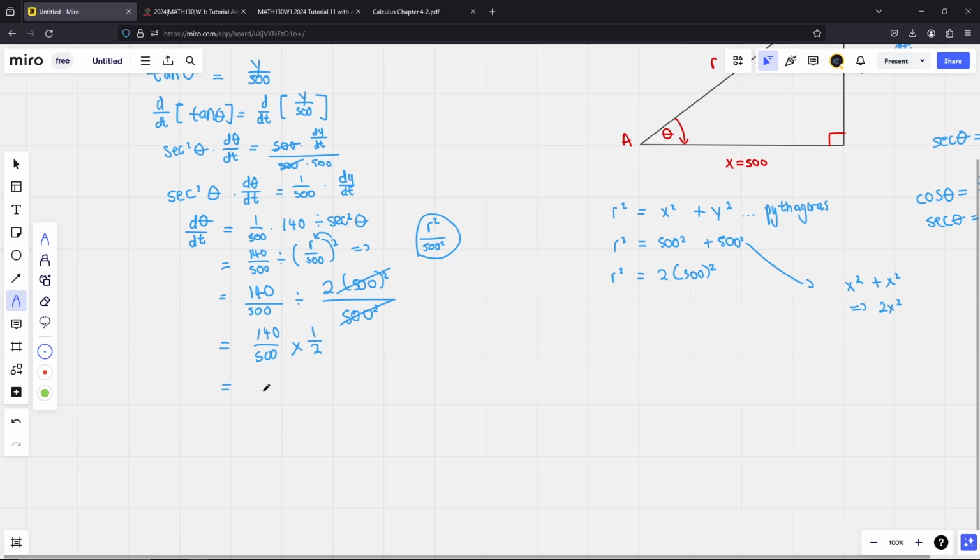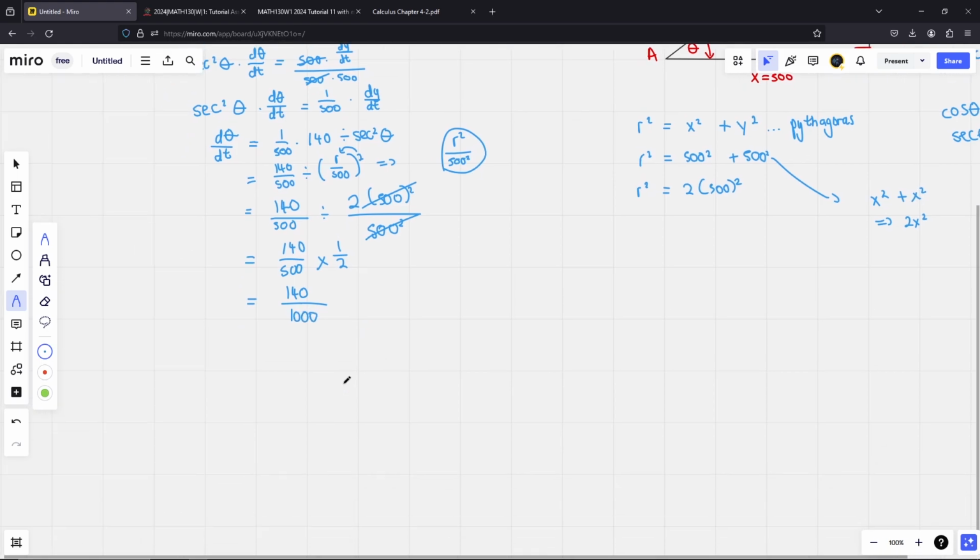So if I multiply this by half, I get 140 on the numerator, and 500 times 2 is 1000. And writing this in terms of radians, I can say the balloon is rising at 0.14 pi radians a minute, which is our d theta by dt.